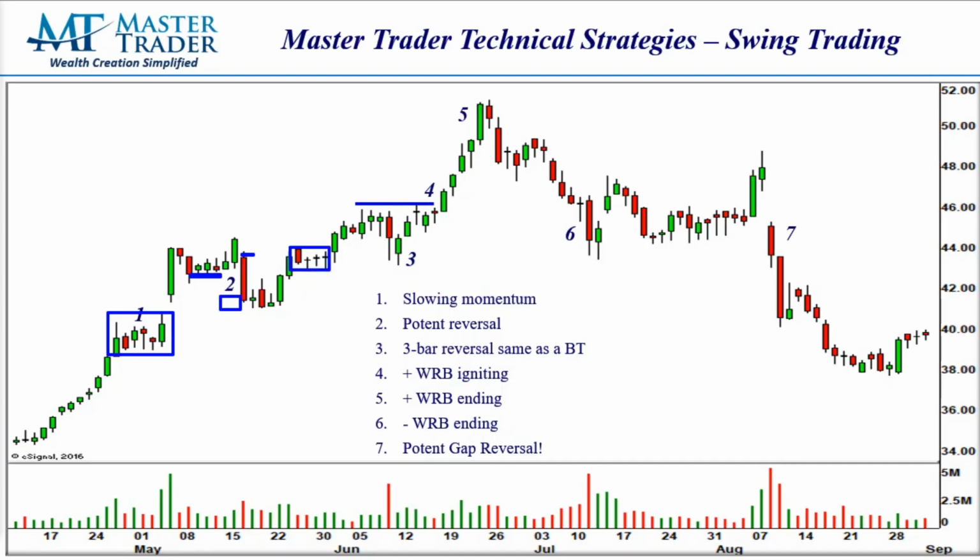This is our 3-bar reversal here, same as a bottoming tail bar. Wide range bar igniting, ending here, right? Multiple bars moving down, and notice it's in the area of number 3, that reversal there, and the potent gap reversal here.